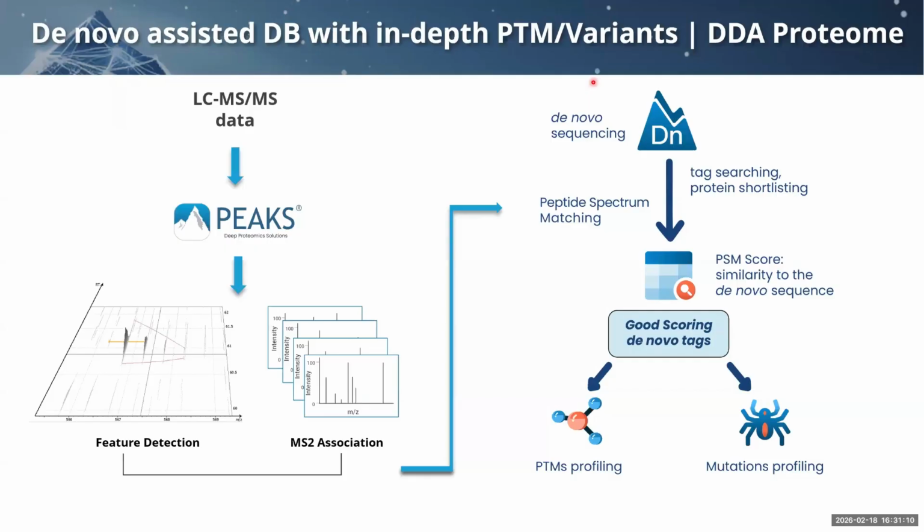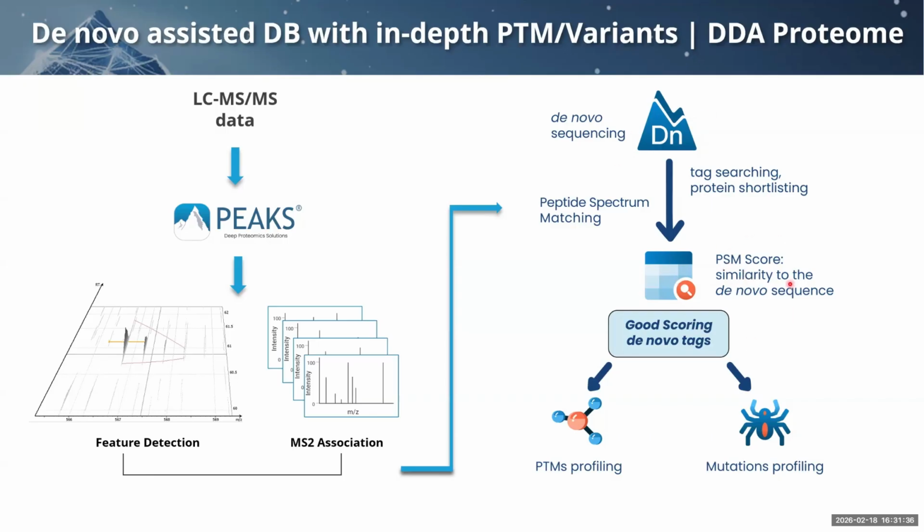It's really exclusive to Peaks that we take advantage of this to incorporate these for increased confidence in database matching. Peaks will do de novo sequencing, and this result will then be used for tag searching for protein shortlisting, which will allow for an improved search space when we move on to peptide spectrum matching.